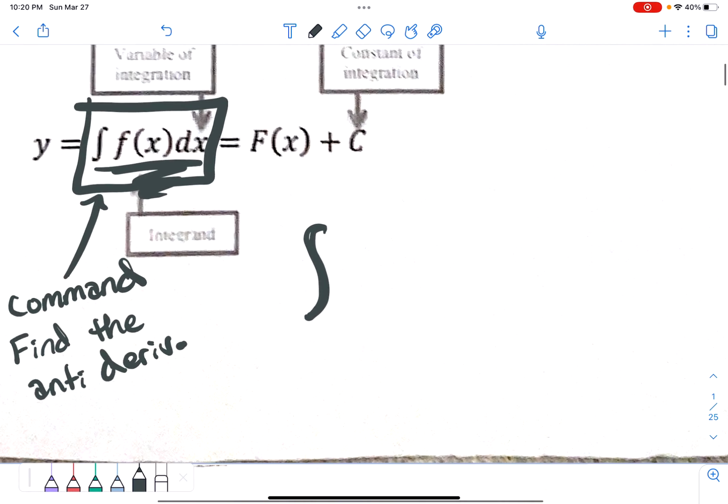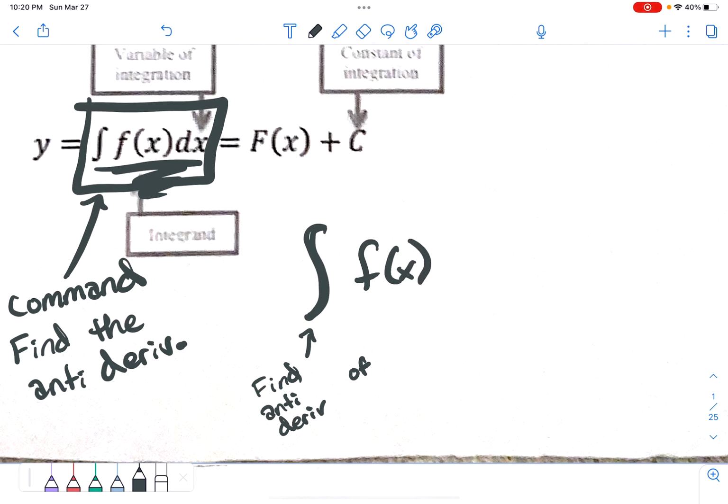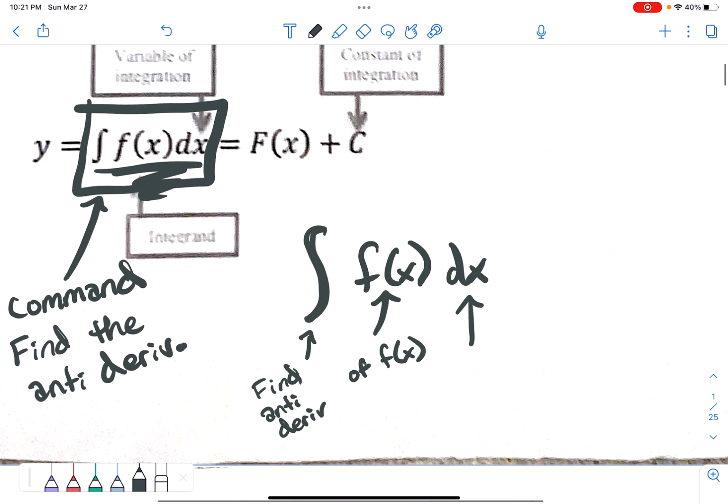They'll say, find the antiderivative of f of x. That's what this part says. And then they have a dx on the end, which looks kind of foreign to us. And I'm going to say with respect to x, because that's what dx means.